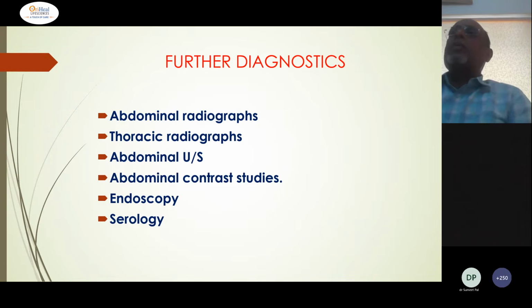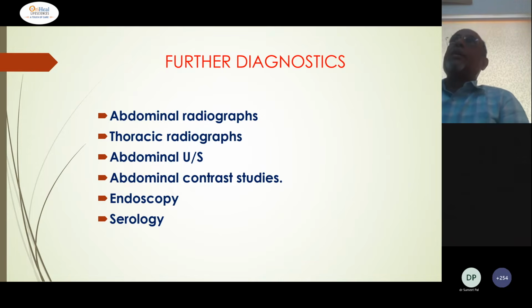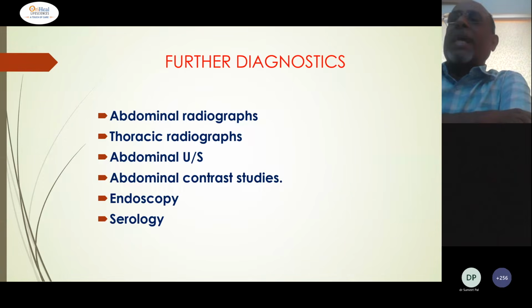Further diagnostics require abdominal radiographs, a simple abdominal radiograph, and thoracic radiographs to rule out metastatic diseases. Of course, thoracic radiographs tell us something about esophageal disease, which can show intestinal signs.